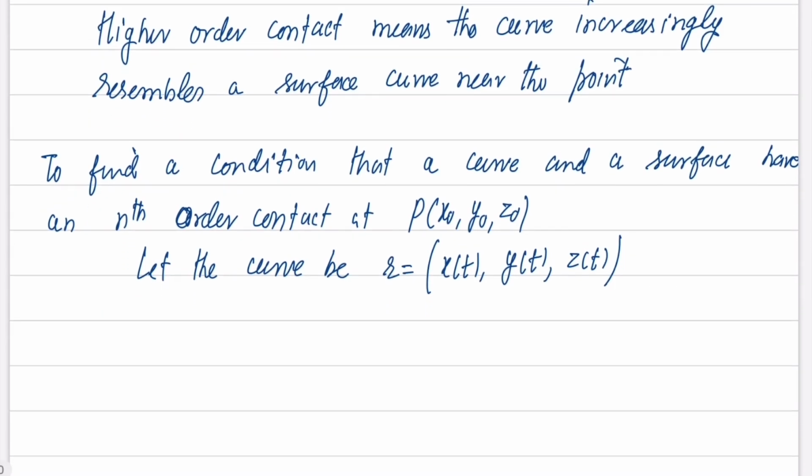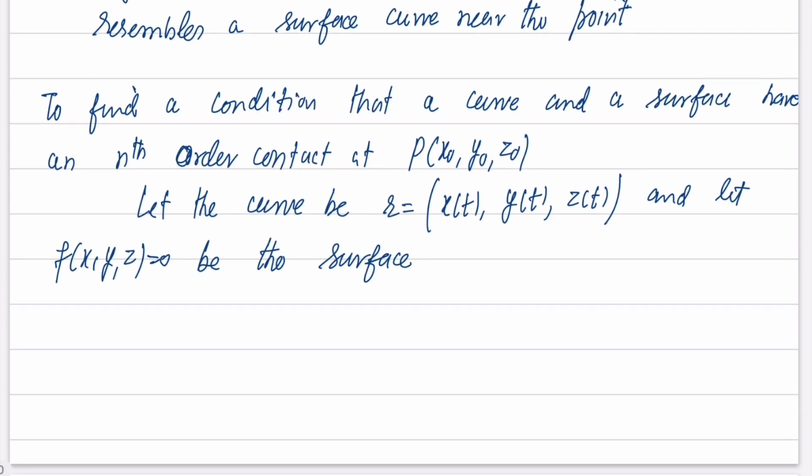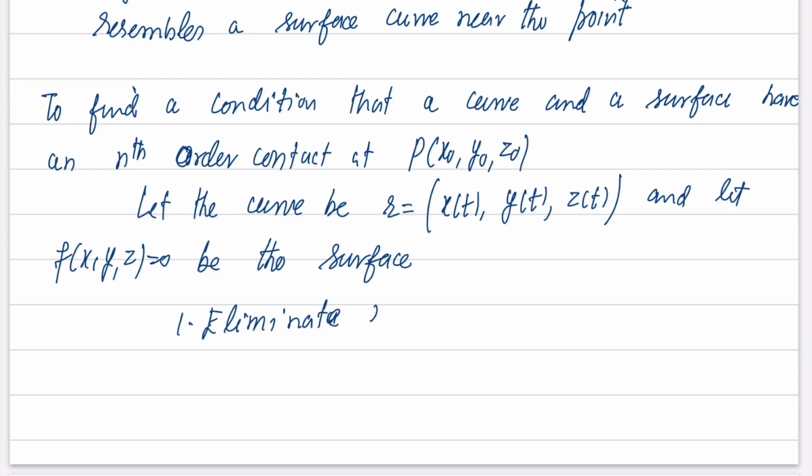So this is in fact a space curve, and let f of x, y, z equal to 0 be the surface. Then the first step is to eliminate x, y, z between r of t and f of x, y, z equal to 0. That means for x in the surface we substitute x of t, for y we substitute y of t, and for z we substitute z of t.